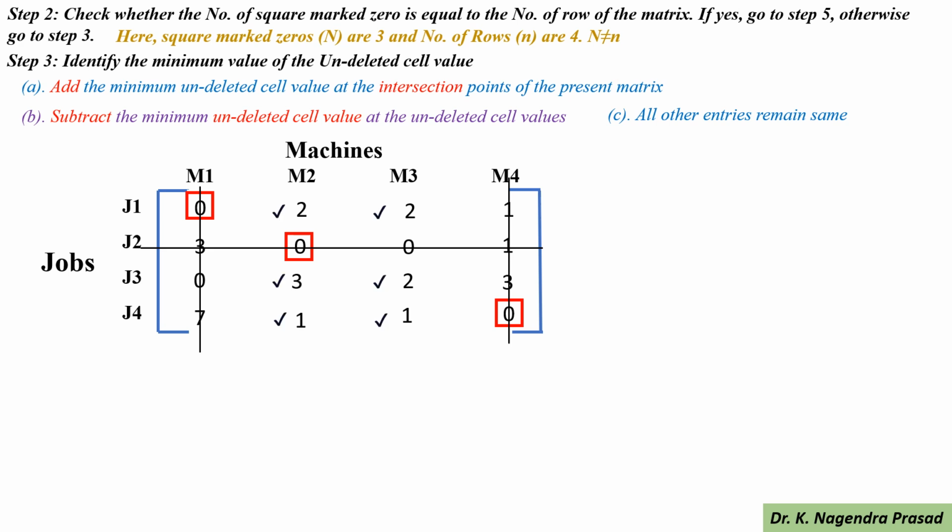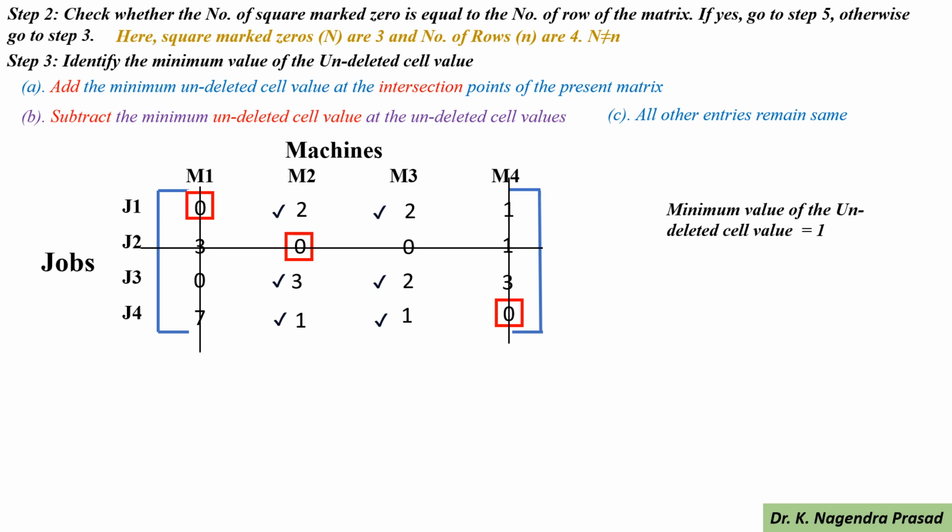The remaining entries are the same. So here these are the undeleted cell values. Among these, the minimum value is 1. So the minimum value of the undeleted cell values is equal to 1. Then we have to add this minimum undeleted cell value at the intersection points of the present matrix.